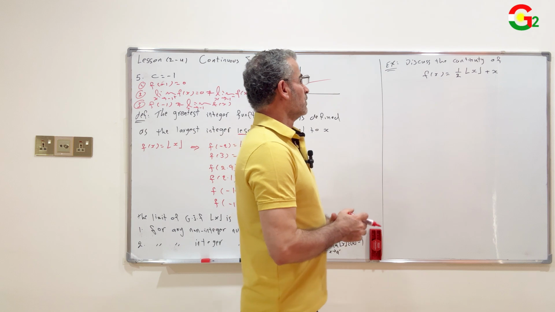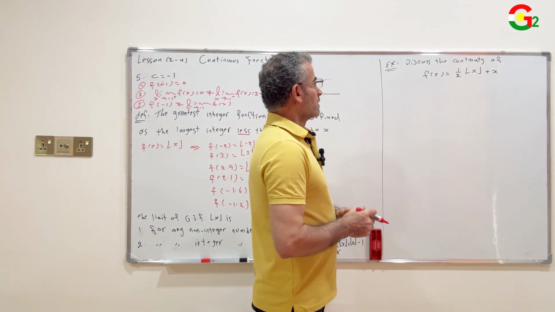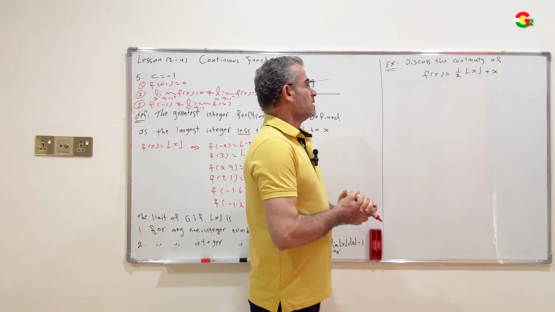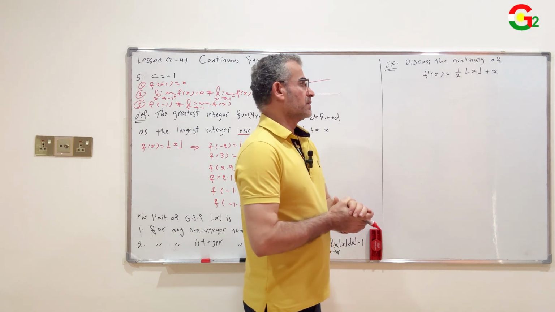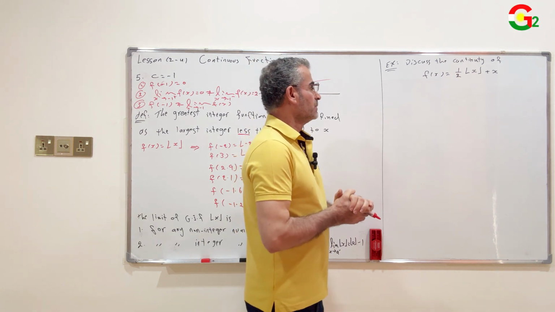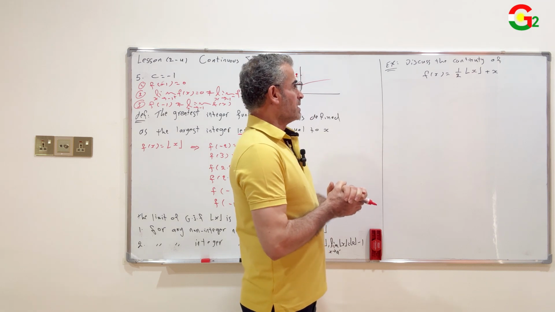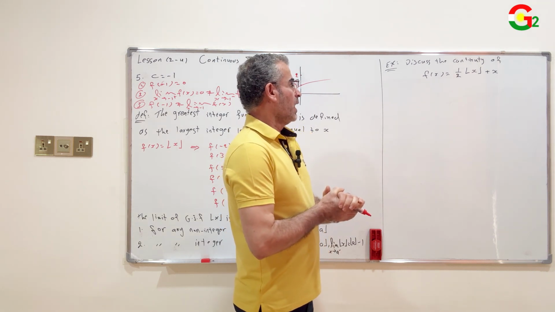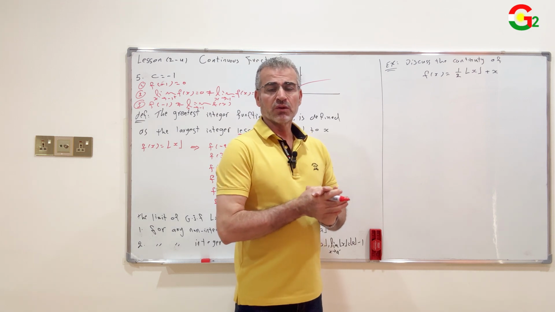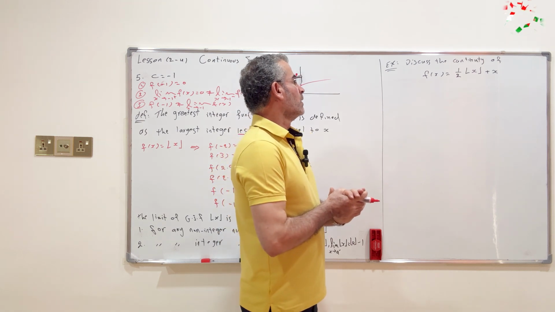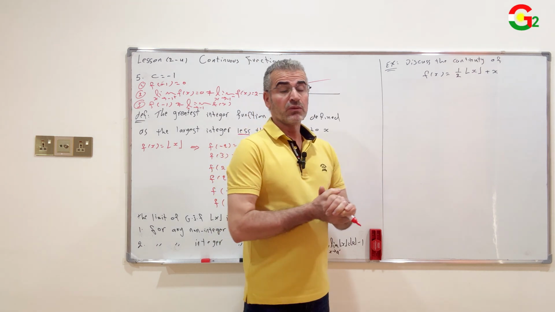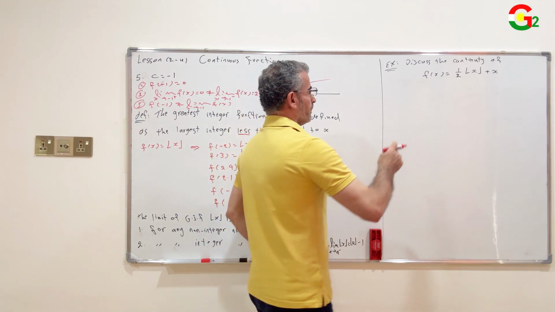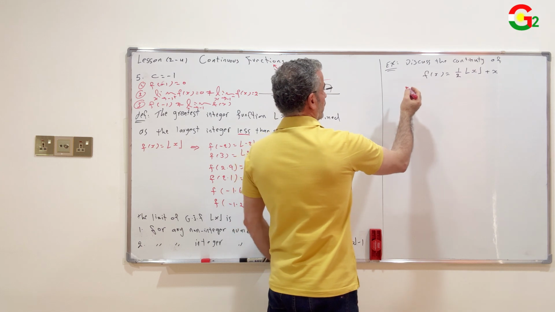Example, discuss the continuity of the function 1/2 greatest integer of x plus x. This function has discontinuous points when x is an integer and has continuity when x is a non-integer.